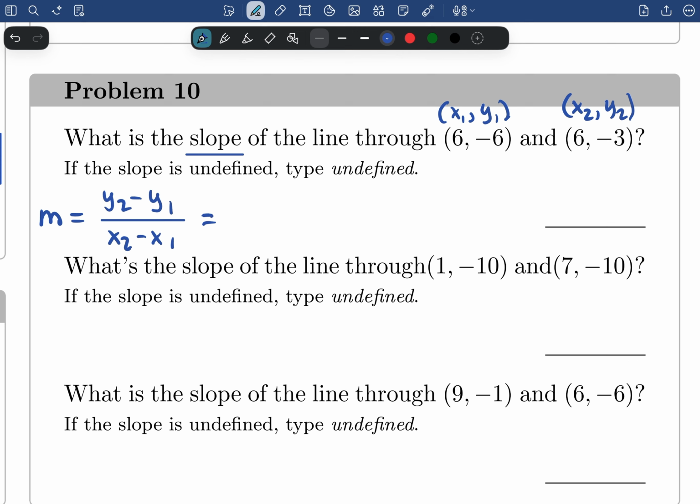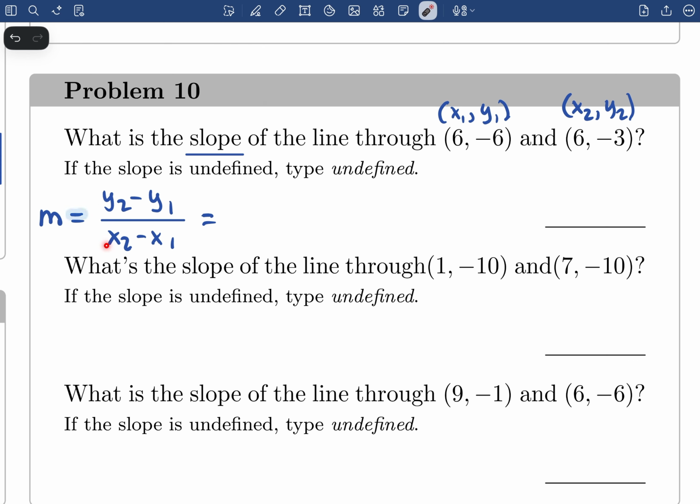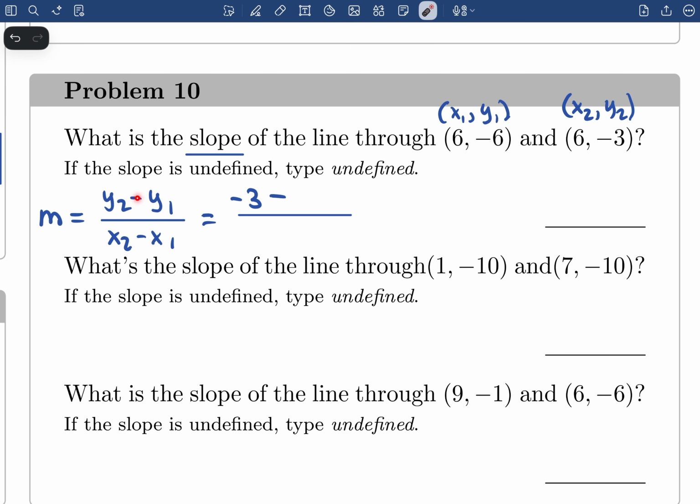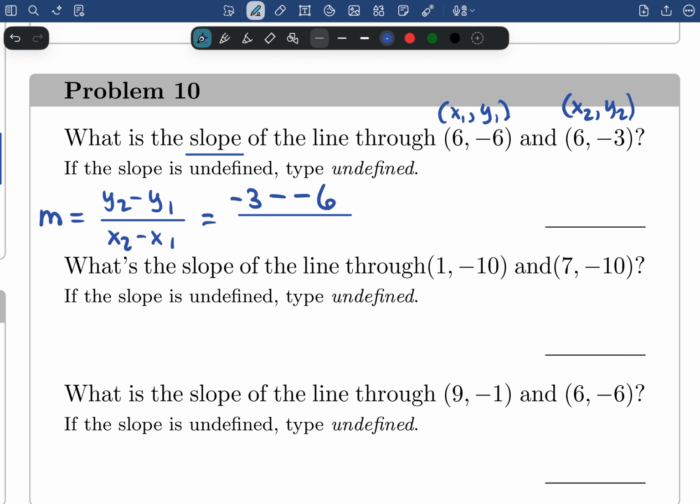Cool. So I'm taking the difference of the y values divided by the difference of the x values. Be careful, order matters. So I'm going to pick y2. What did I call y2? Negative 3. So I'm starting with negative 3. And then I have the minus sign of the formula. And then I look at what y1 is. y1 is negative 6, so I write negative 6. Great.